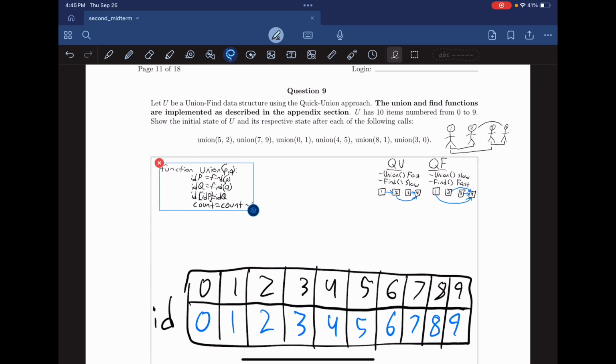So this algorithm, you might notice, also asks us to call find. So I'm also going to write out find real quick.